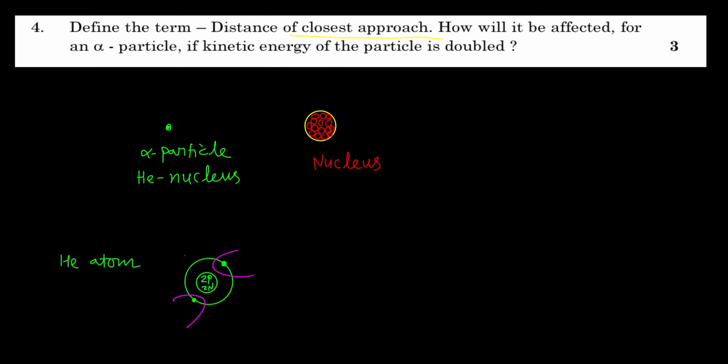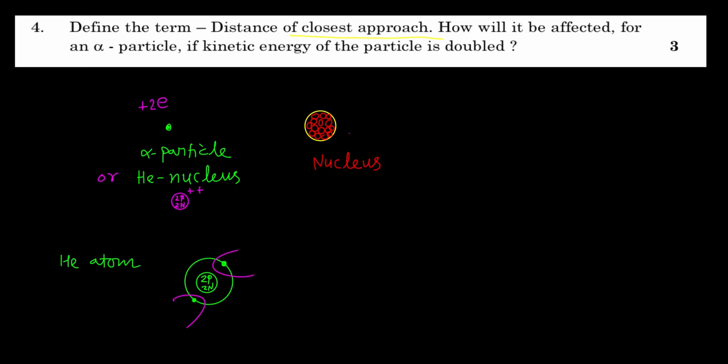And what will be left is your helium nucleus. So basically the helium nucleus has 2 protons plus 2 neutrons in it, and because of the presence of 2 protons it will have a plus 2 charge. So this alpha particle, or we call it the helium nucleus also, will have plus 2e charge.